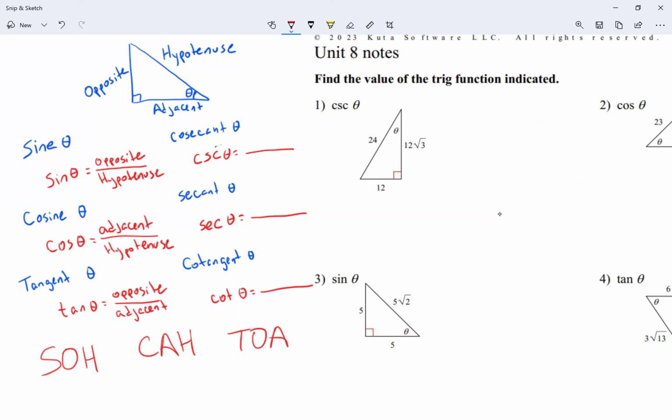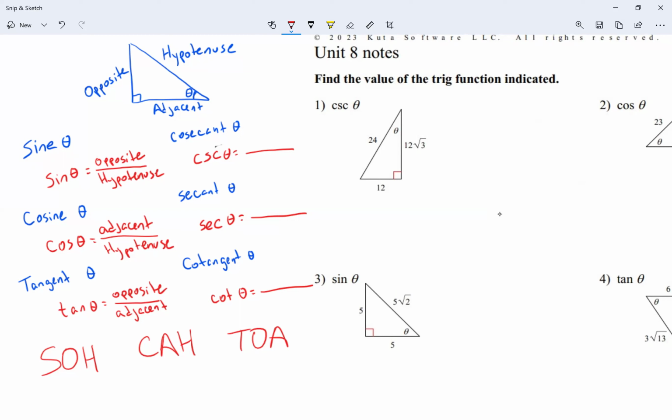Now let me talk about the other 3. There's cosecant. Now let me start with cotangent, here at the bottom. COT. Cotangent, COT. Tangent is TAN. Give or take, cotangent looks like tangent backwards. So cotangent is going to be the reciprocal of tangent.